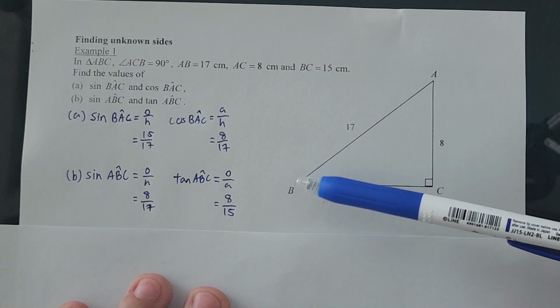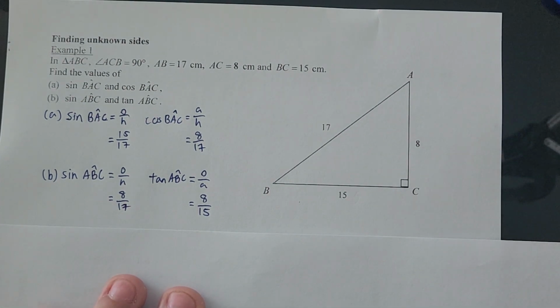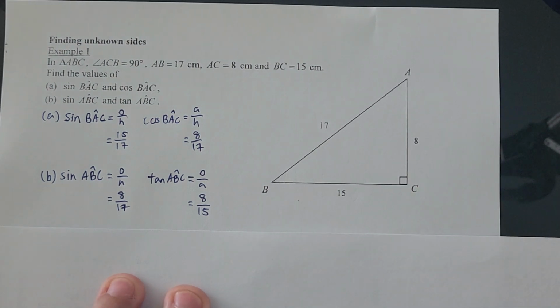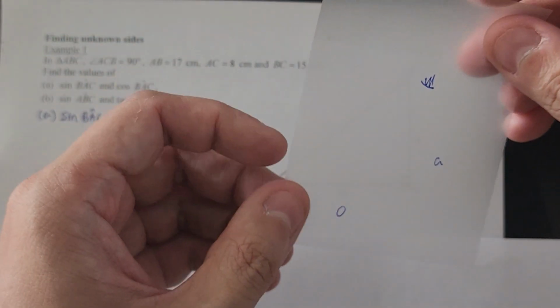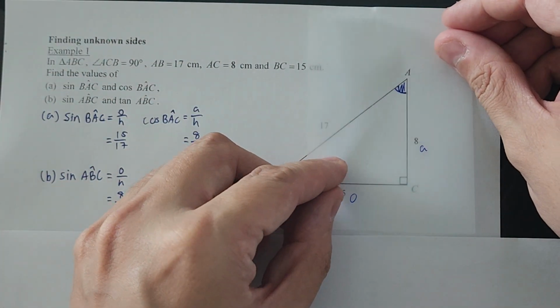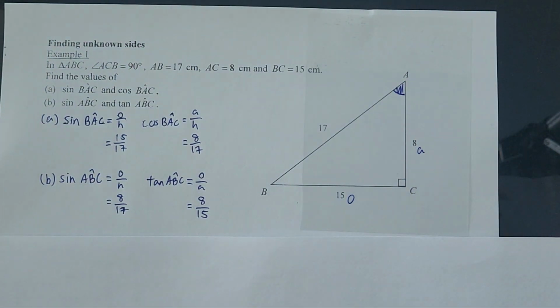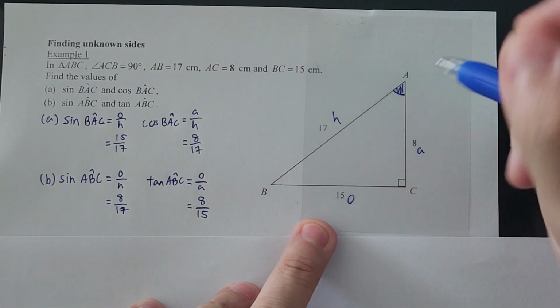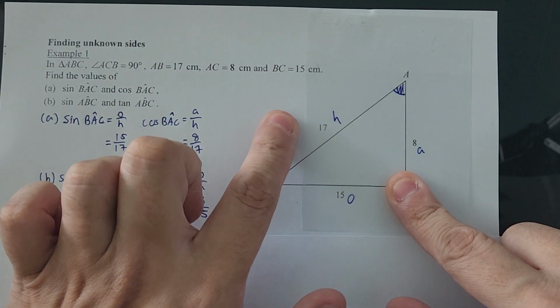So sine angle BAC. If you recall from the previous lesson, we talked about the 3 steps. The first step is labeling of the sides. My angle is angle A. First I label the H, the hypotenuse, because the 90 degree is here, so simply I put my finger here, this is the hypotenuse.